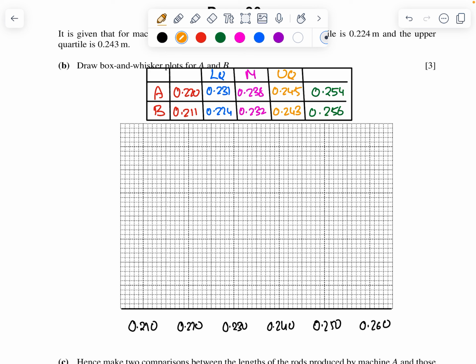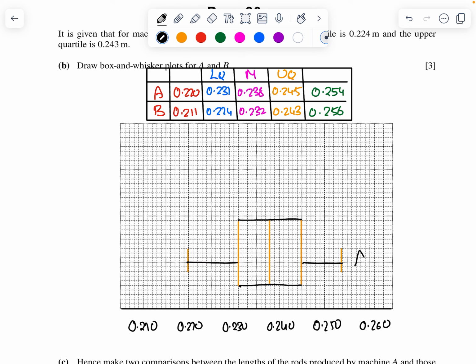Then once again, when we go for 220, then 231, then 240, then 231, 238, then it is 245, and the maximum is 254. Then I complete the box and the whisker.